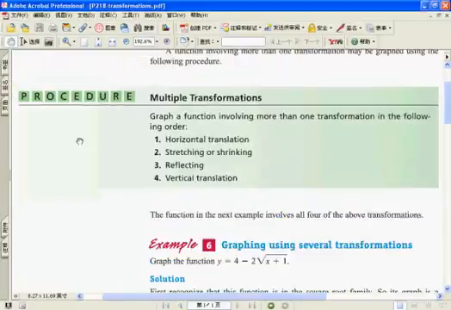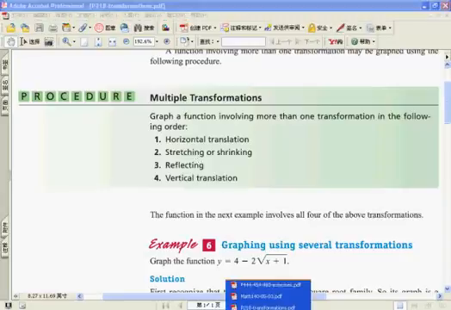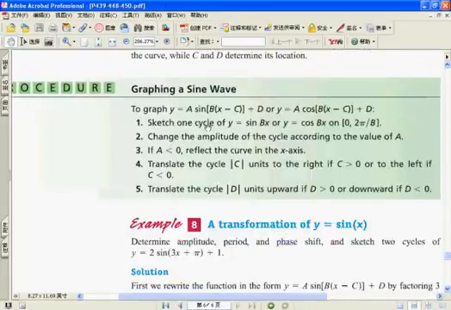Actually, when we learned Math 135, we know the procedures for multiple transformations. Step 1, we need to do the horizontal translation. And step 2, we need to stretch or shrink. If you compare this with the procedure we just mentioned, here, first, after we sketch the fundamental cycle, we do the stretching, right?